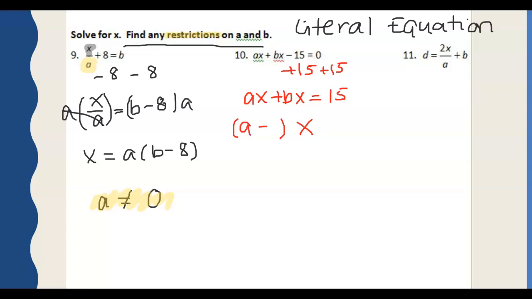So a plus b times x is equal to 15. If you had told me 4 plus 5 was 9, 9x equaled 15, you would say, oh, divide by 9. So that's what we're going to do with the a plus b.